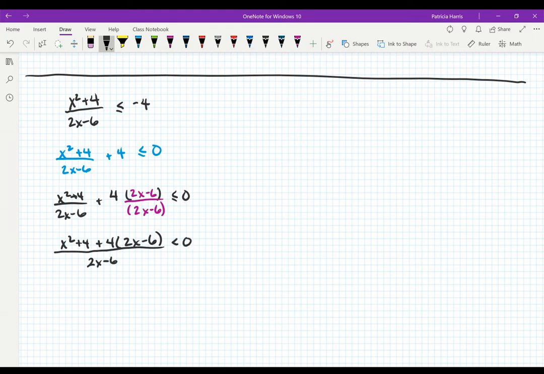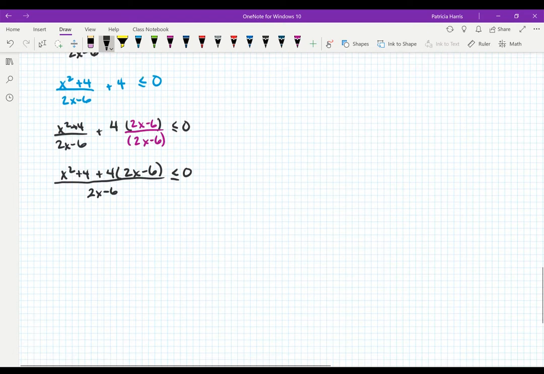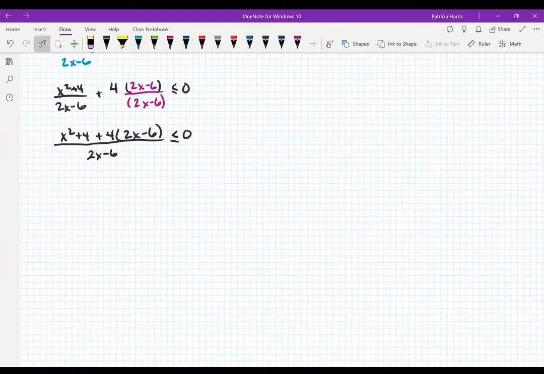Okay. So now what I need to do is I need to simplify the numerator to see if I can find my critical points. So let's distribute and find some like terms. Okay, so we distributed the 4. Okay, so now I have 4 minus a 24.